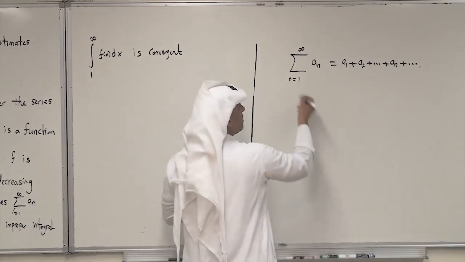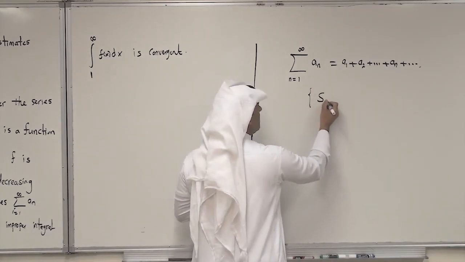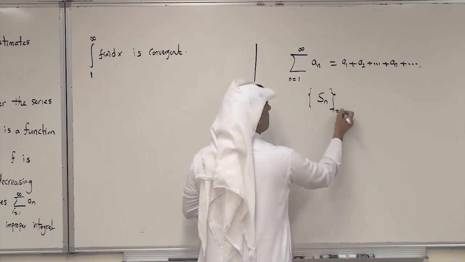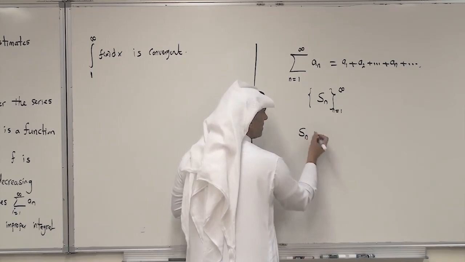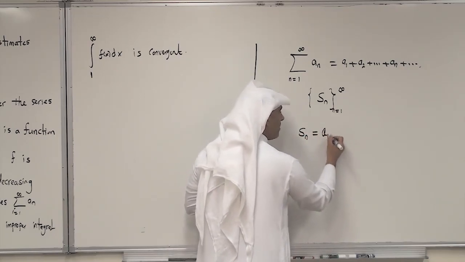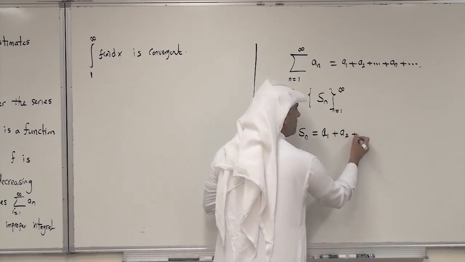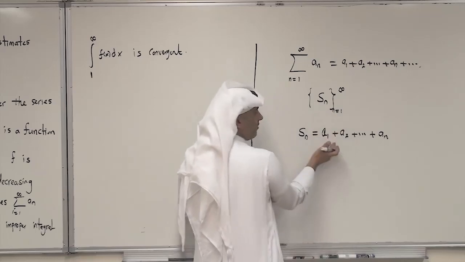We need to define the sequence of partial sums. We give it the name S_n, where n is equal to 1 up to infinity, and these S_n's are defined to be the partial sums. For example, S_n is just the addition from the first element a1, a2 up to a_n. If we add only the first element, we call it the first partial sum.